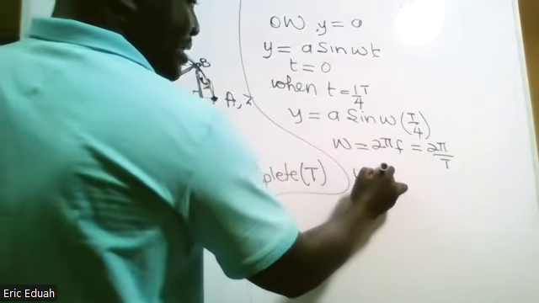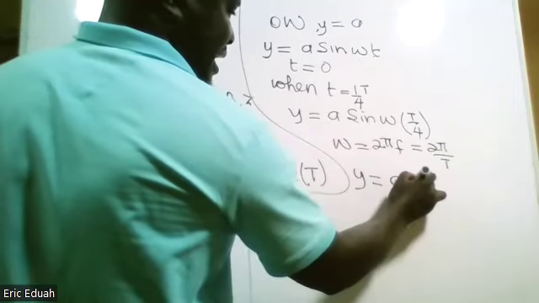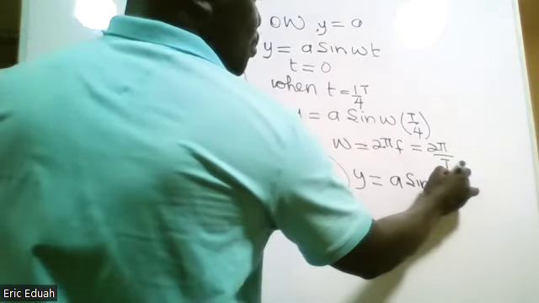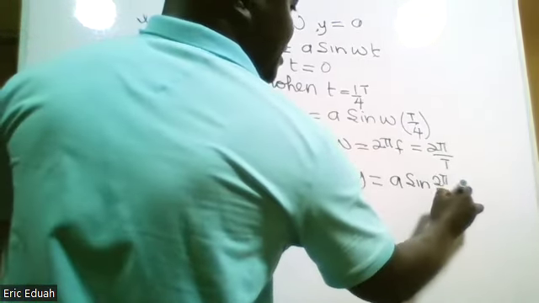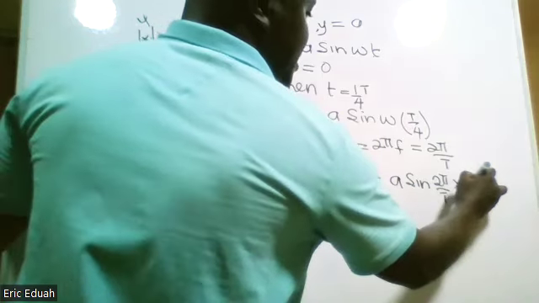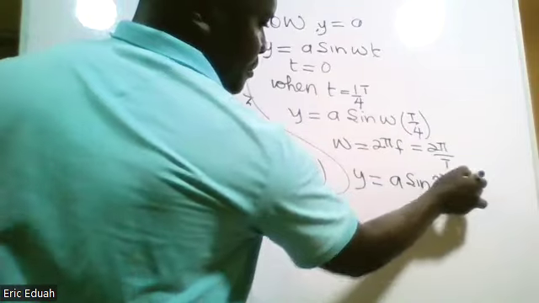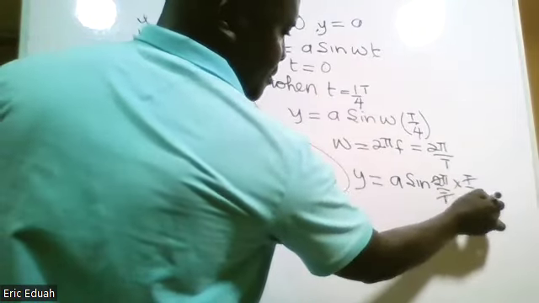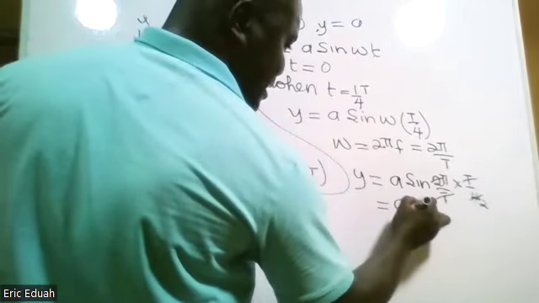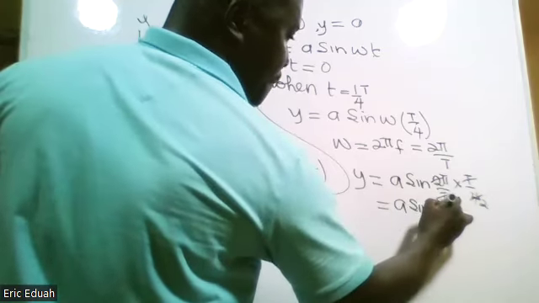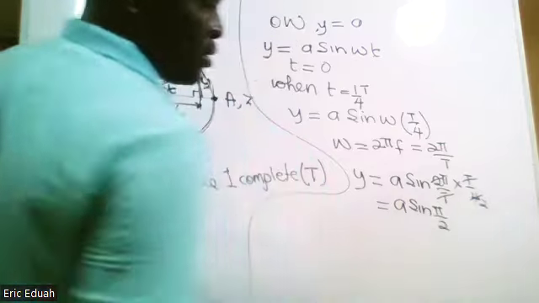You have y is equal to A sine 2 pi over T times T over 4. So you have A sine pi on 2.